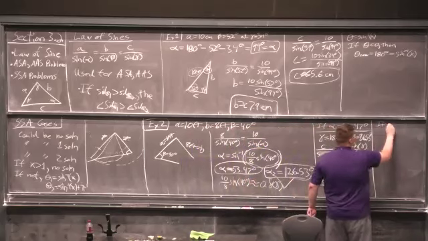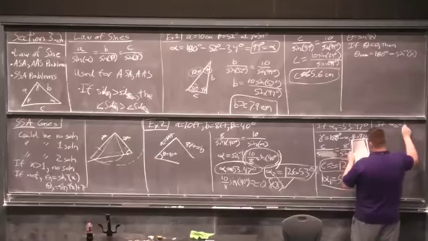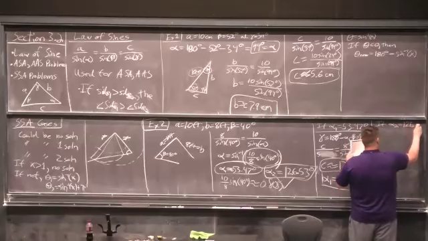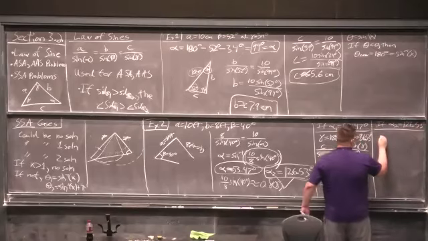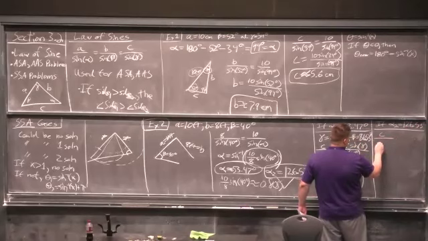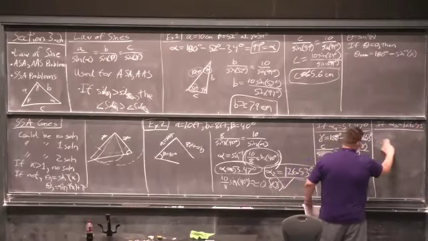Now, if alpha 2 is equal to 126.53 degrees, I'm going to do the exact same thing. First we want to find gamma.